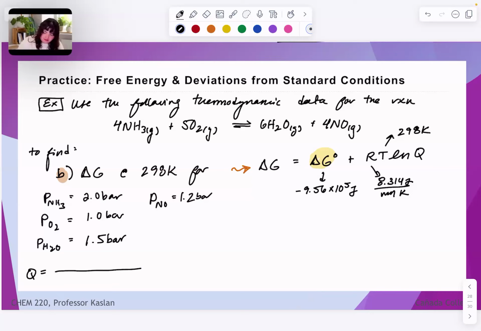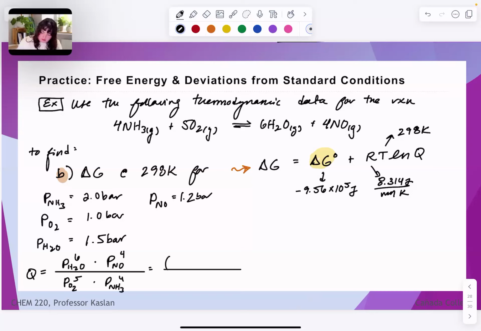So I'm going to just write out the Q expression. This is going to be products raised to their coefficients over reactants. So this is pressure of H2O raised to the 6 times pressure of NO raised to the 4 over pressure of O2 raised to the 5th times pressure of NH3 raised to the 4th.